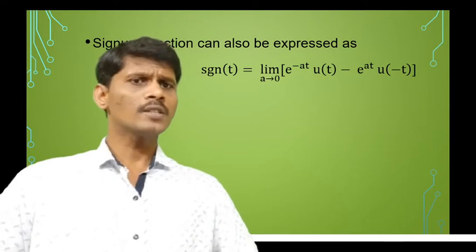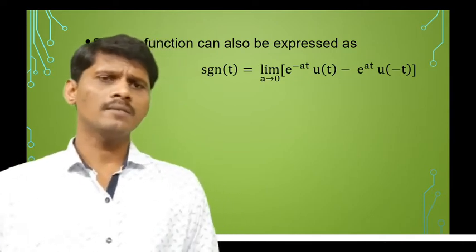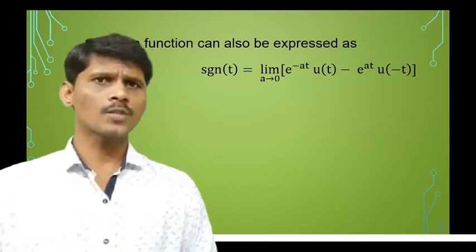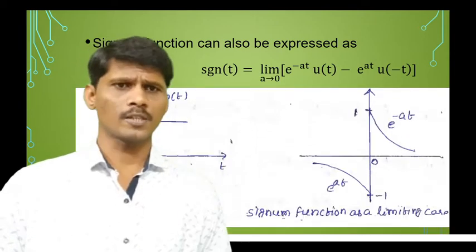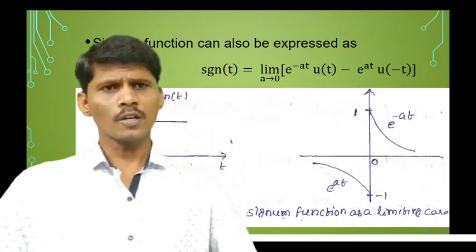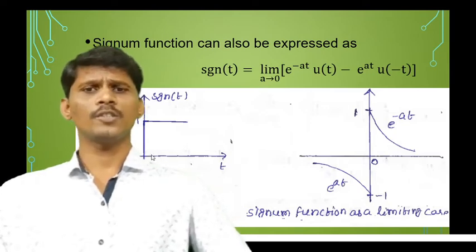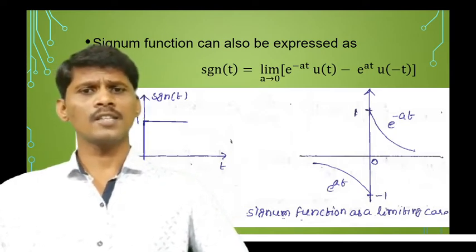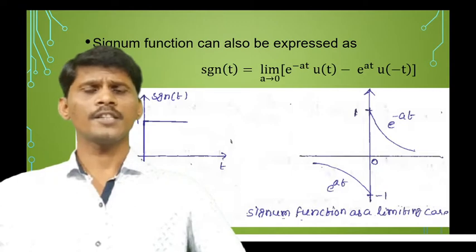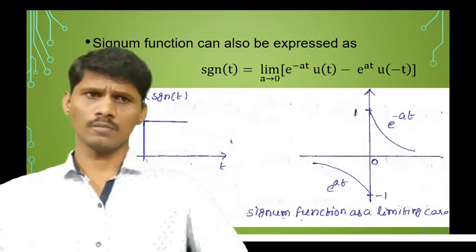Using this expression, we can determine the Fourier transform of a signum function. This is the graphical representation of the signum function: 1 for t greater than 0, minus 1 for t less than 0, and 0 at t is equal to 0.